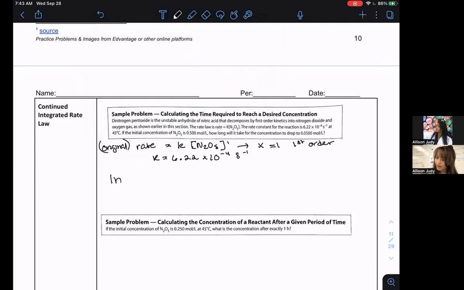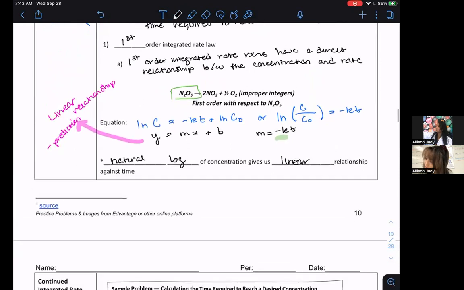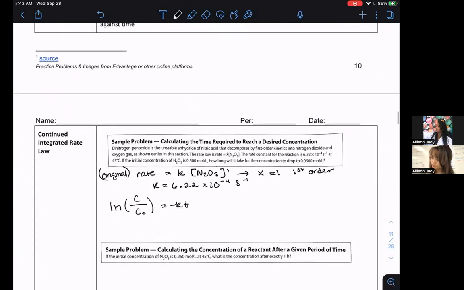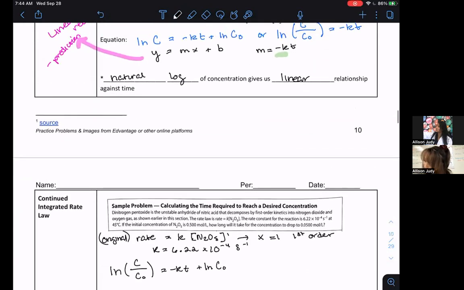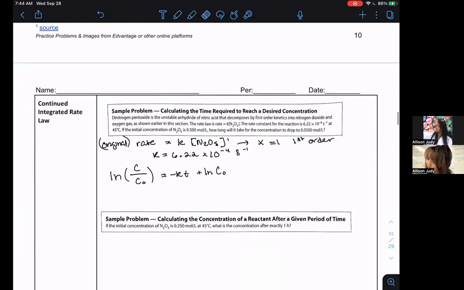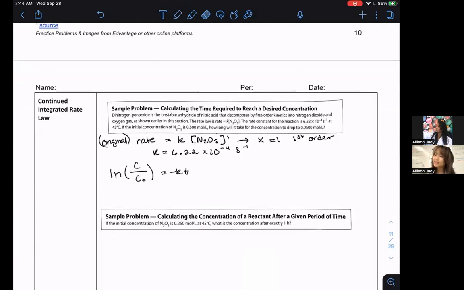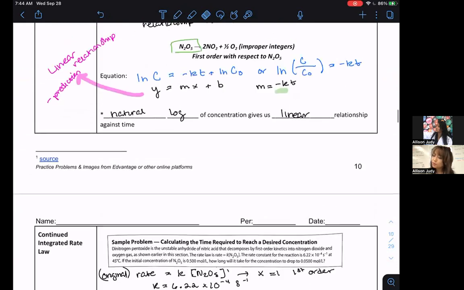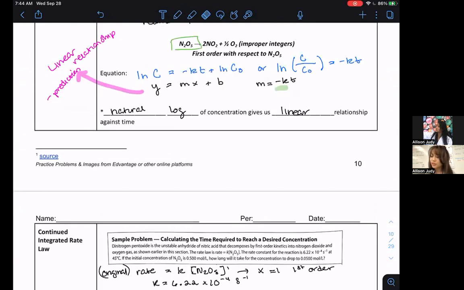I know that the natural log of the concentration over the original concentration is equal to negative K times T. Oh, sorry, I'm mixing up the two equations. That's my linear equation simplified into a natural log relationship.